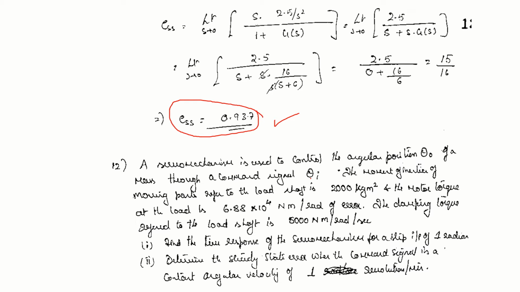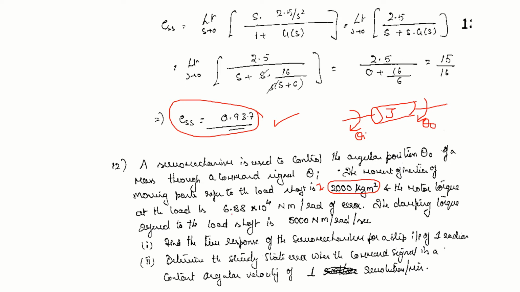It is something like this: theta i, theta naught, and this is J. The moment of inertia of the moving parts referred to load is 2000 kg meter square. That is J value.